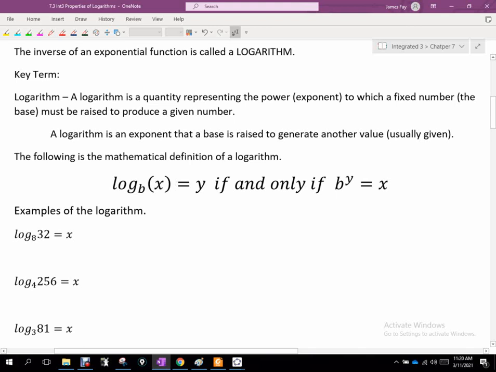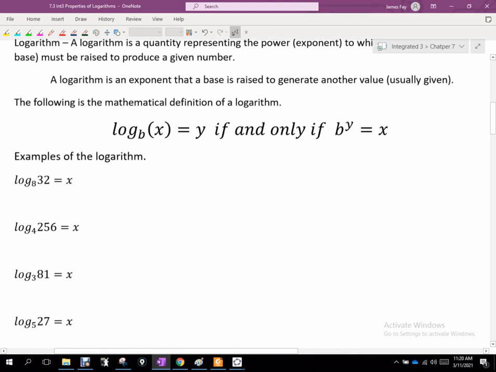That was the exponent over here. Does that make sense? So the logarithm is a quantity in which I raise the base to get x. That's the general format. We're going to use that format on a regular basis to work through these examples.